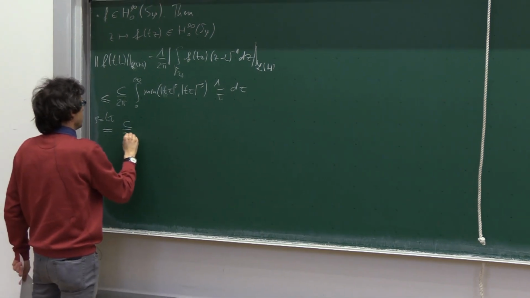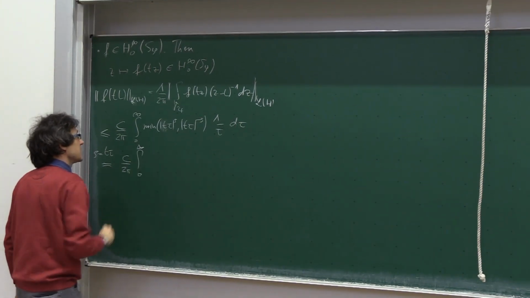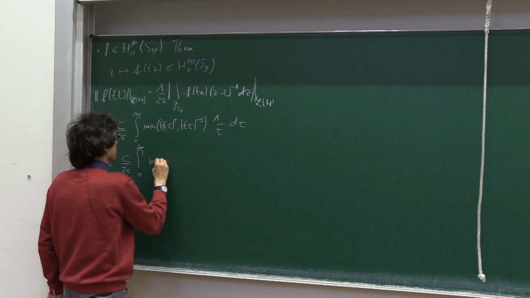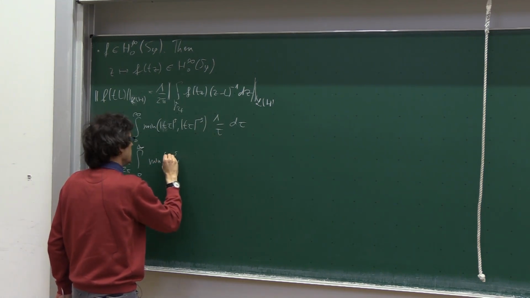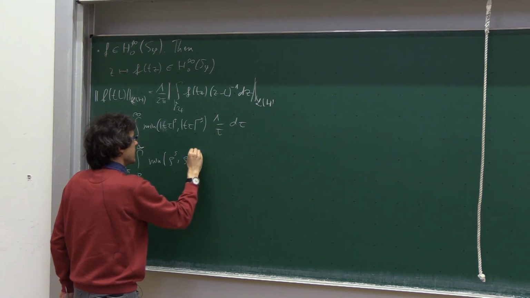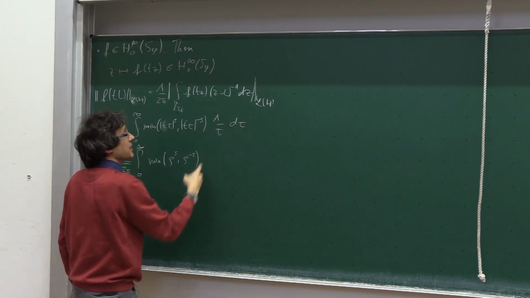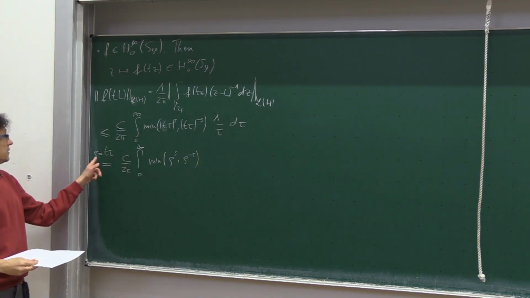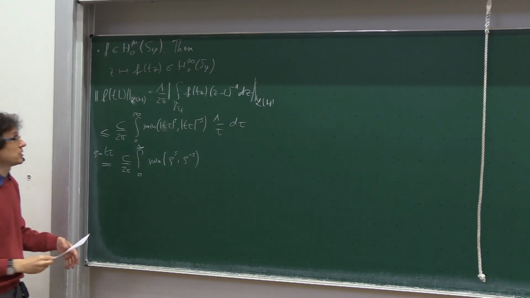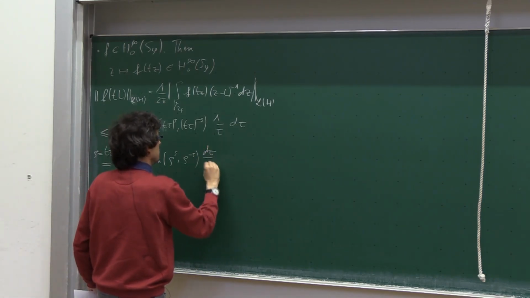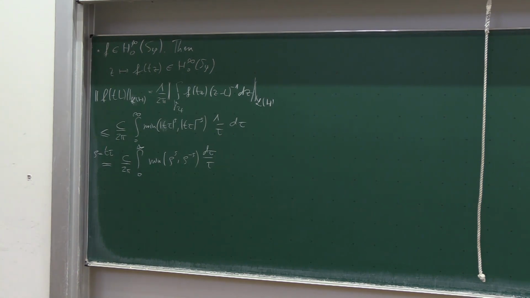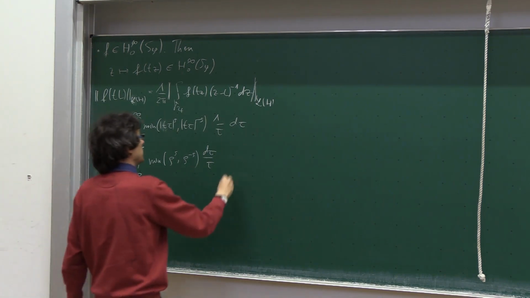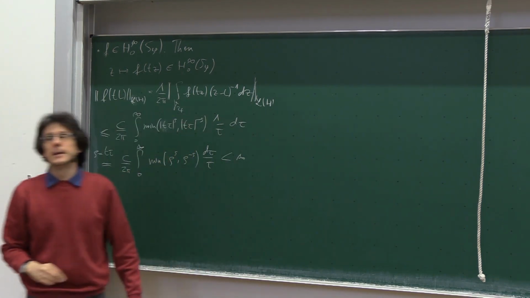This gives you c over 2 pi, integral between 0 and infinity, of the minimum of rho to the s, rho to the minus s, and then this is Haar measure, so doing a substitution like that will not change the measure, so this is d tau over tau. And now you see this is independent of t. In fact, it's independent of t, it just looks like depending on t. So this is bounded independently of t.